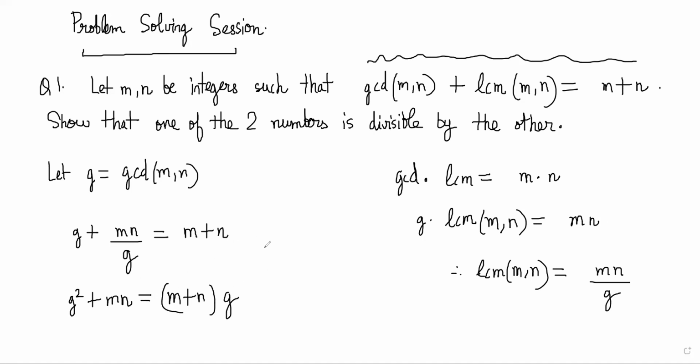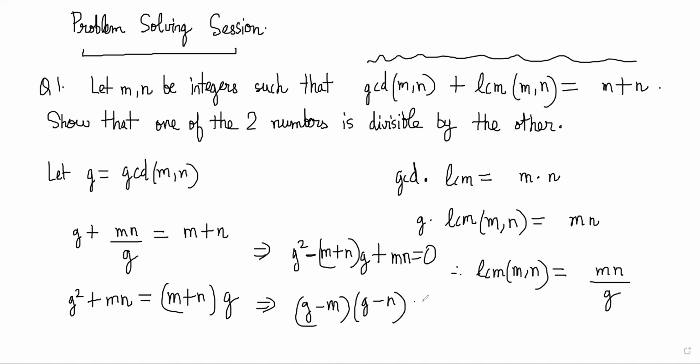Bringing it to one side, we can easily factorize it. G square minus m plus n times G plus mn equal to 0, which means G minus m and G minus n equal to 0. So that implies that G should be either m or n. And G was the GCD of m and n.